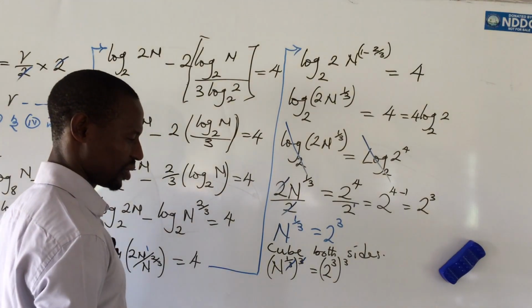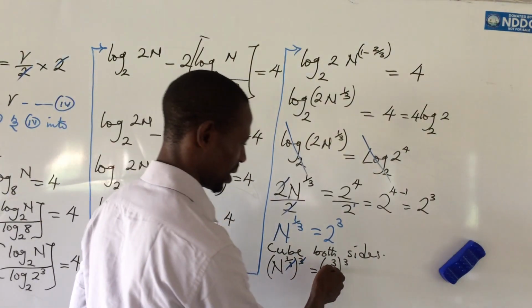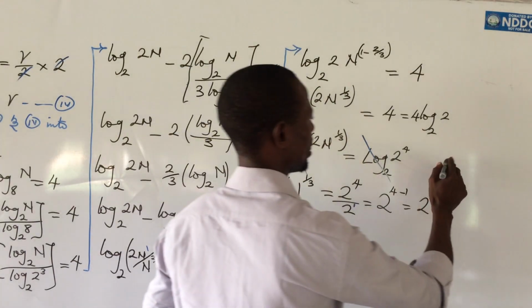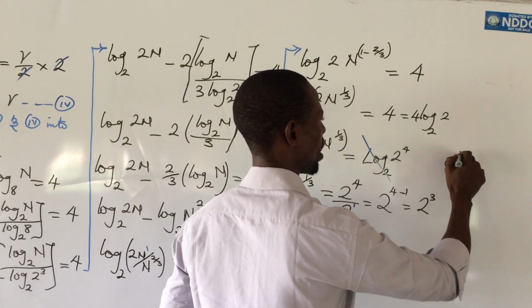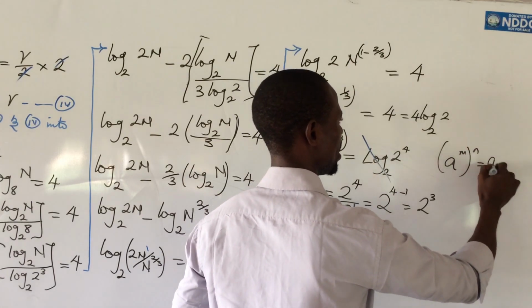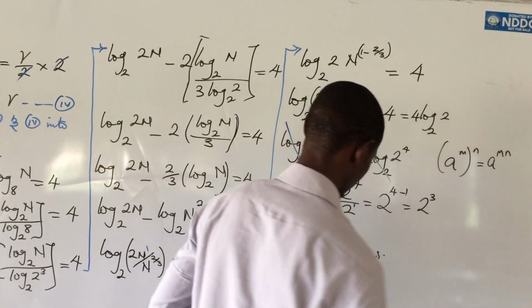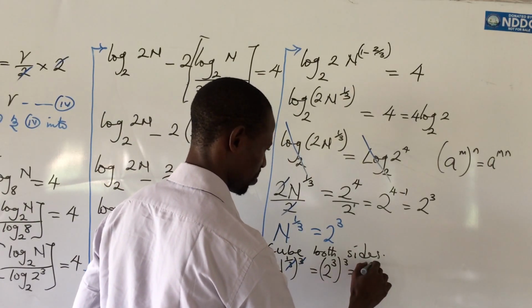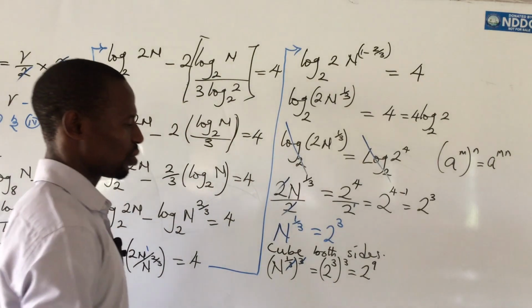So n will be exposed. And 2 to the power of 3, according to the law of indices again, which says that if you have a to the power of m all to the power of n, this is the same thing as a to the power of m n. So if we multiply these powers, this will in turn give us 2 to the power of 9. And what is 2 to the power of 9?